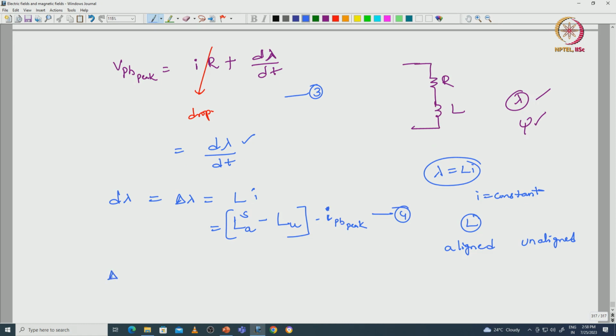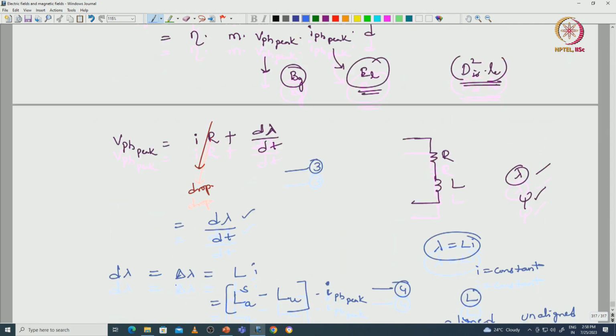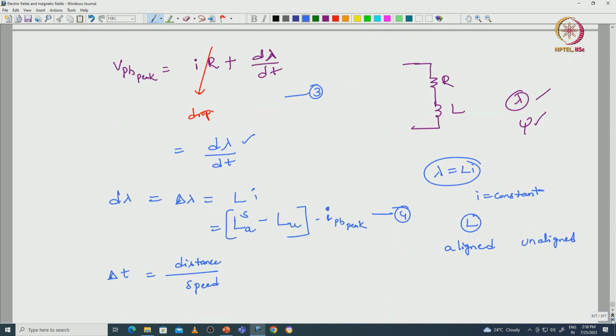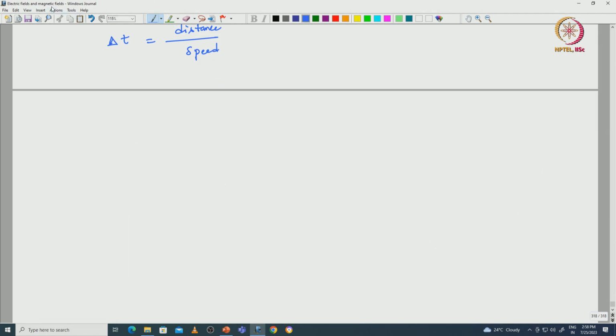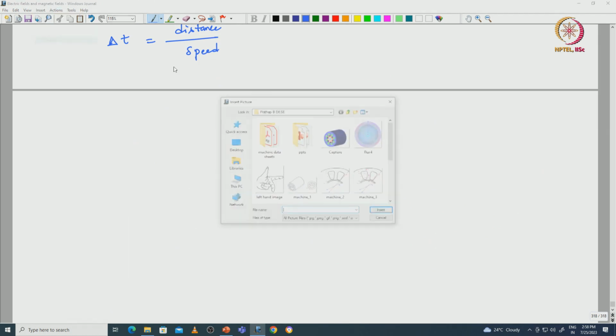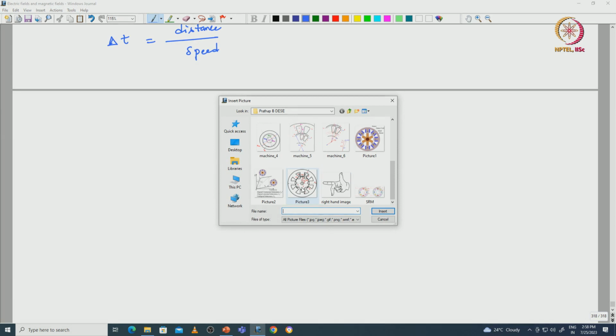Similarly, the change in time, delta t, is nothing but time is equal to distance by speed, right. Here how much distance is the rotor moved? Let us consider the image of the stator.